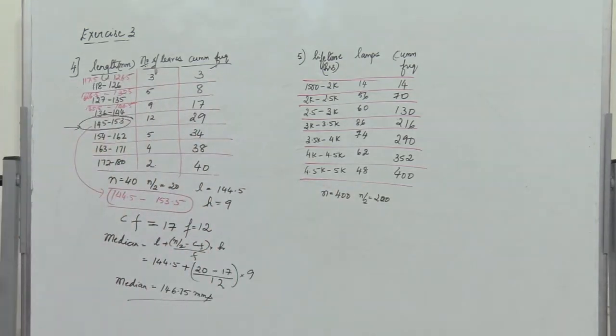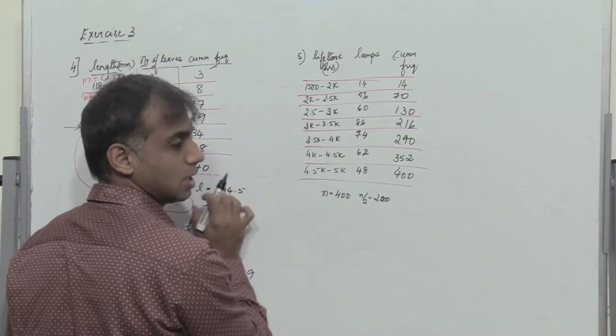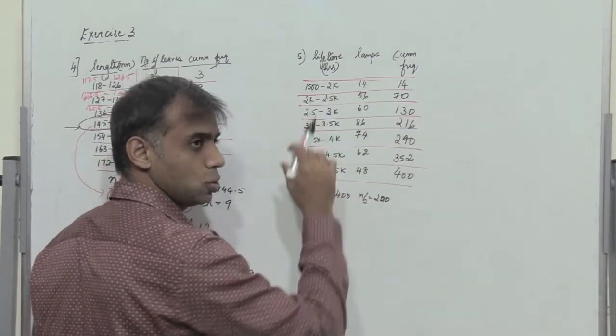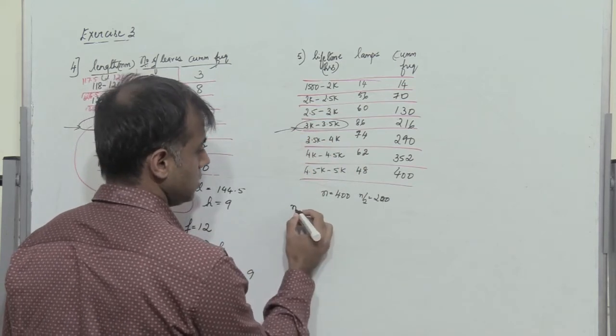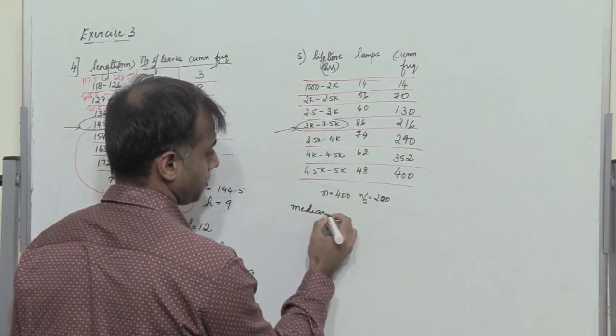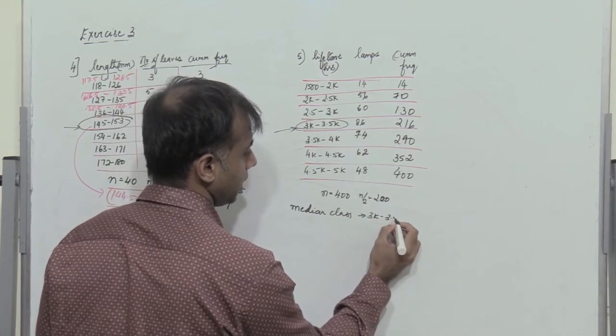So where does 200 lie? So we know that 200 definitely lies within the interval 3000 to 3500, isn't it? So up to 130 is present in the previous class interval, 130 to 216 is present in this class interval. So this becomes your median class. So the median class is 3K to 3.5K.